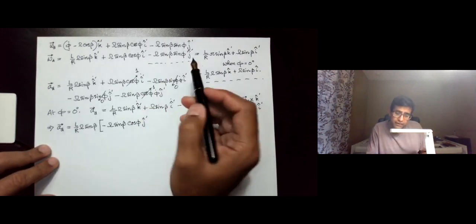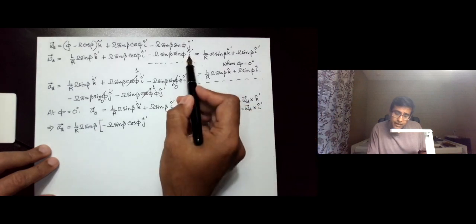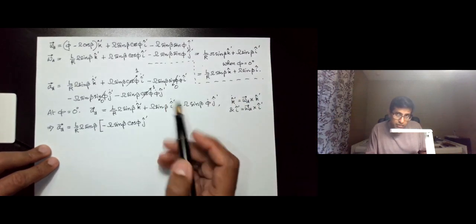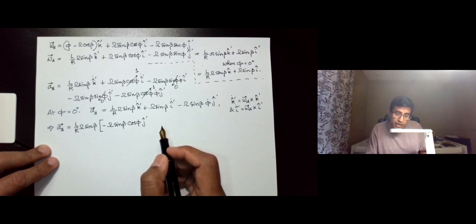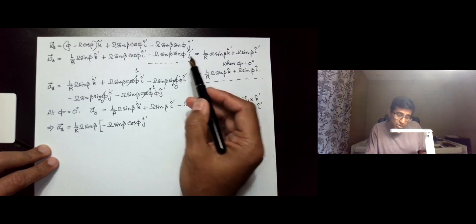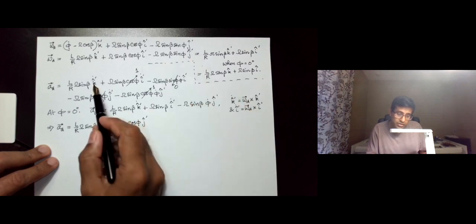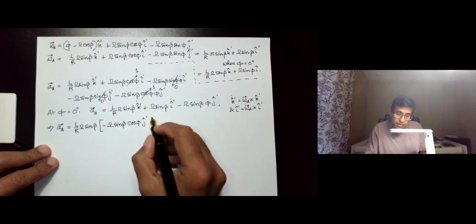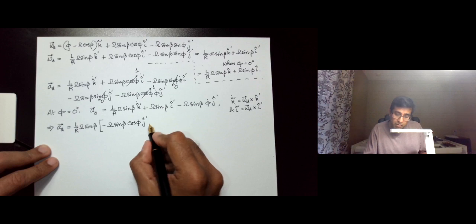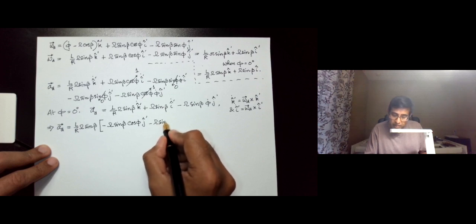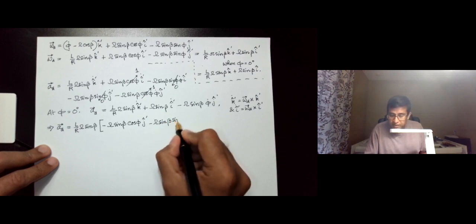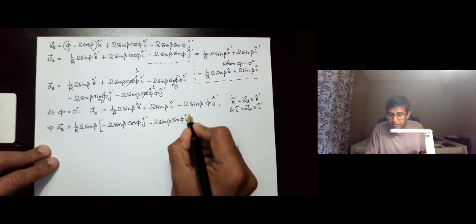Then we will have j prime cross i prime, which is going to be j prime cross k prime, which is going to be i prime. So it's going to be minus capital omega sine beta sine phi i prime.